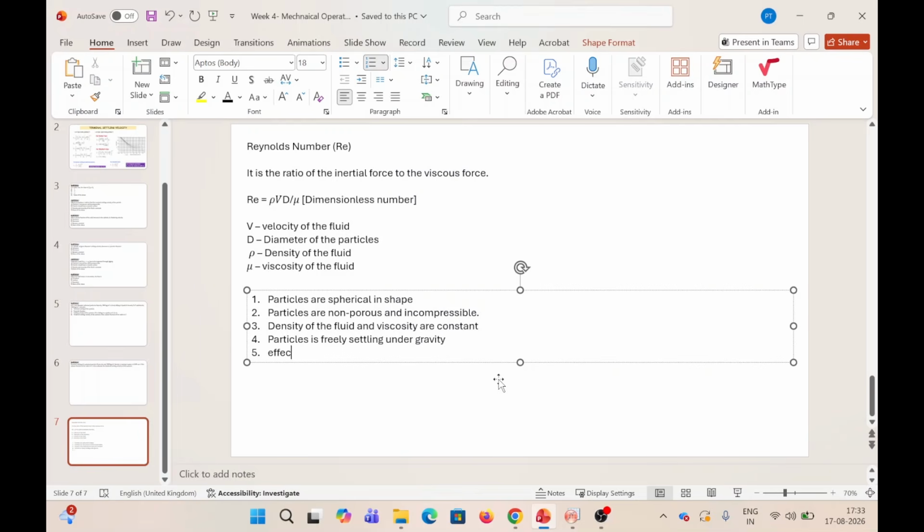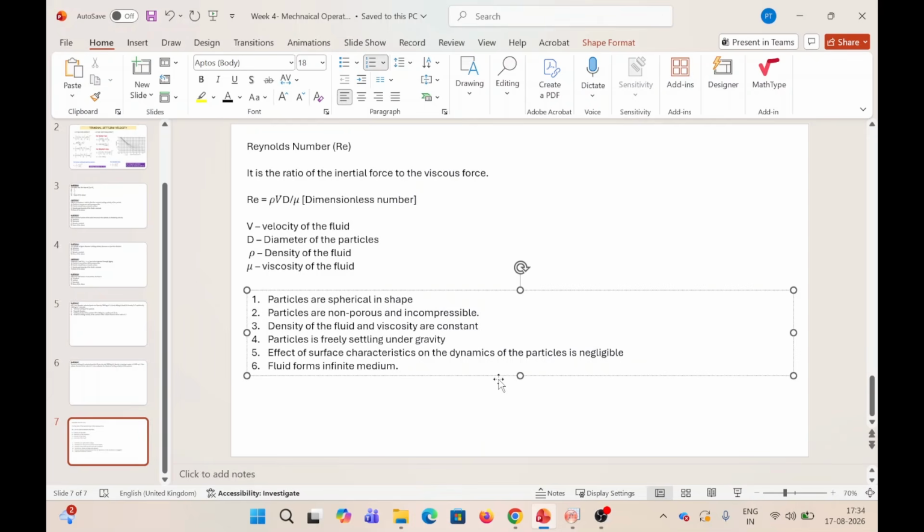Then the next one is effect of surface characteristics on the dynamics of the particle is negligible. And the last assumption is the fluid forms infinite medium.